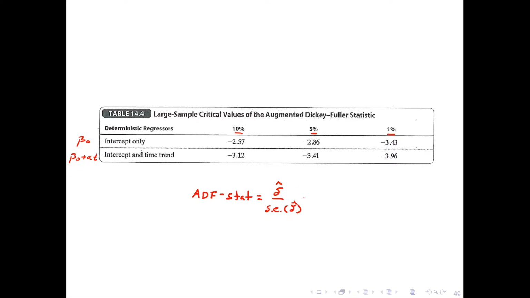So if this number is more negative than the critical value, for example 2.86, if you have only the intercept in your model and no time trend, and you choose the 5% significance level, then you reject the null of unit root, and you can use the model in levels of y because it's stationary.